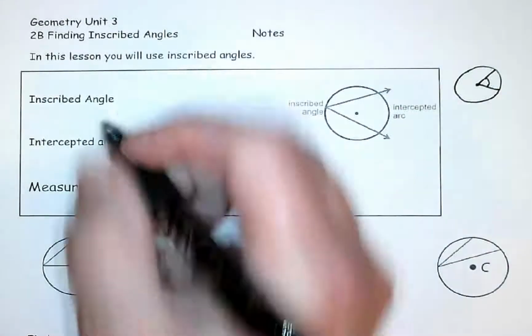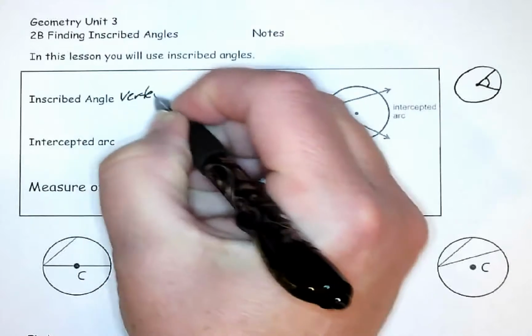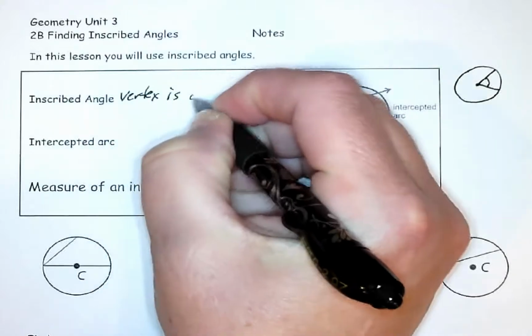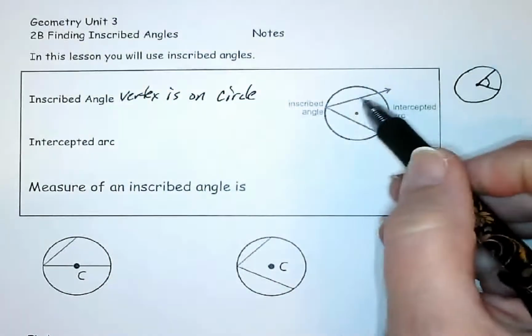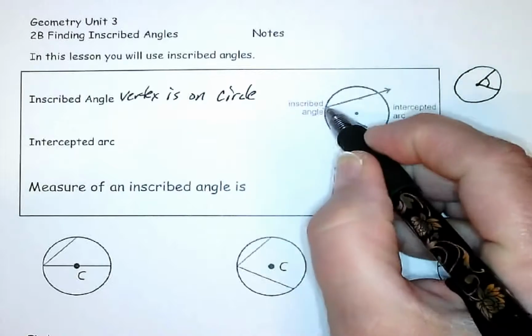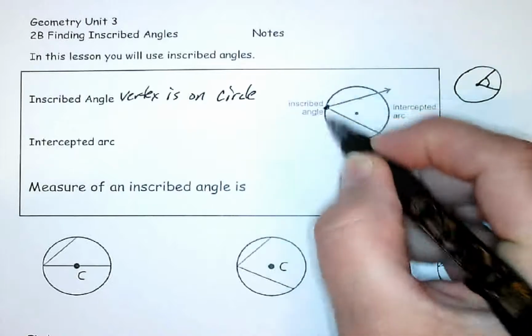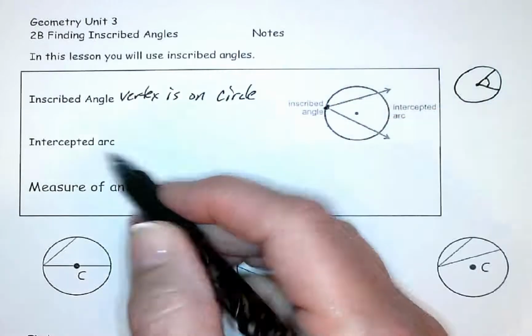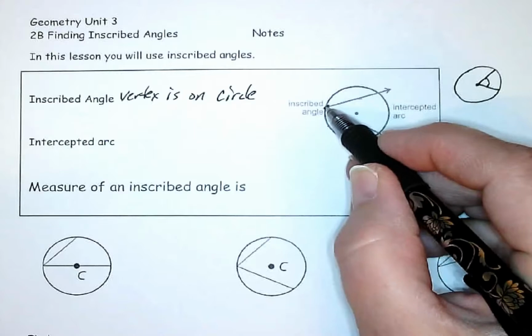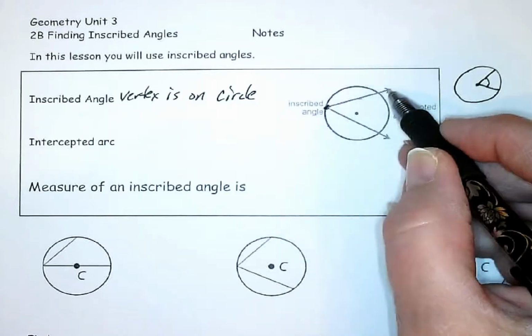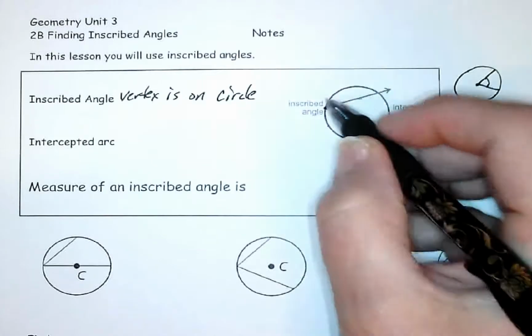An inscribed angle is an angle whose vertex is on the circle. So you can see right here, this would be considered an inscribed angle because this vertex is on the circle. The intercepted arc is what I get when I take the sides of my angle, this ray here and this ray here.